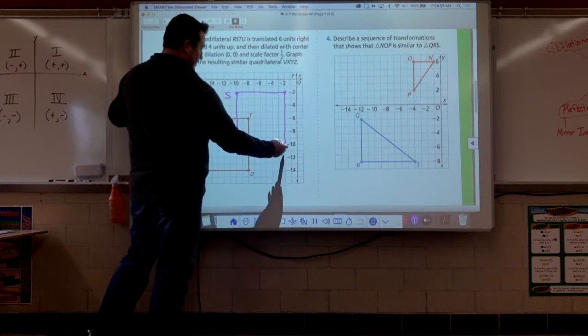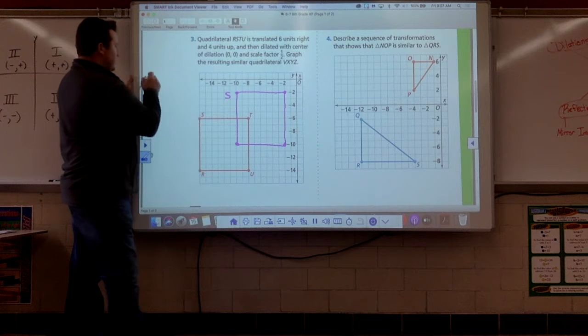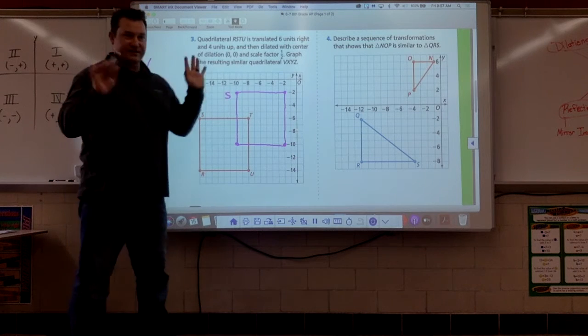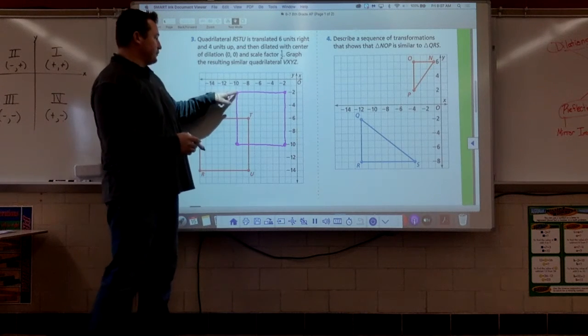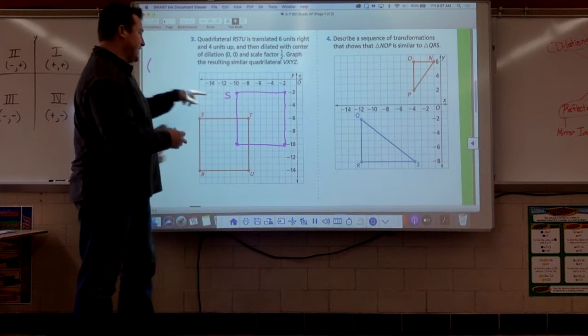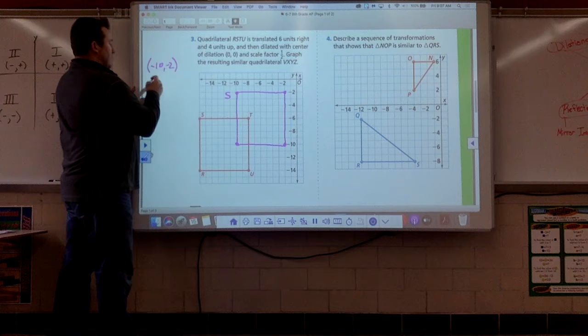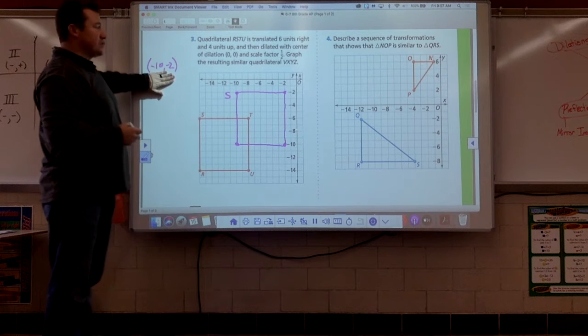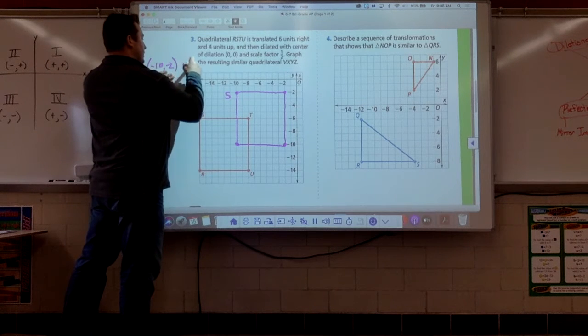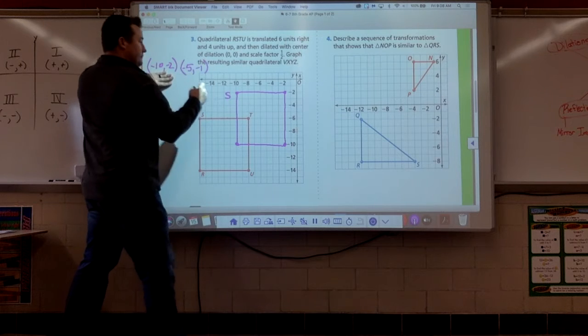So here's T. I'm going to try to not do all the points in here because it's just going to get jumbled up. Okay? So here's S. This is at -10, -2. When we multiply each one of those by 1/2, this turns into -5, -1.